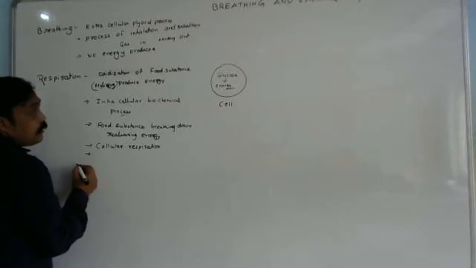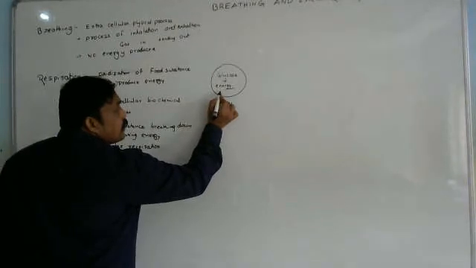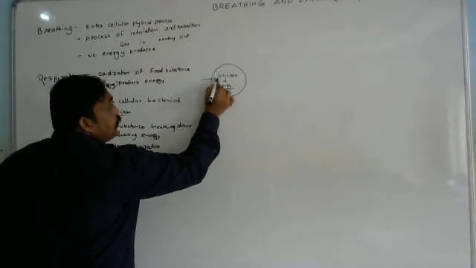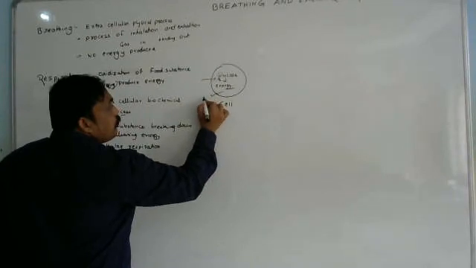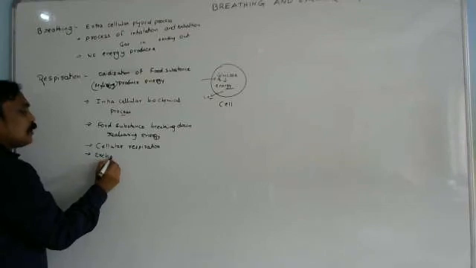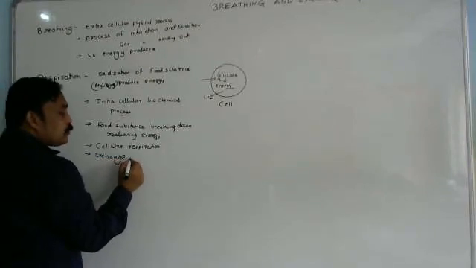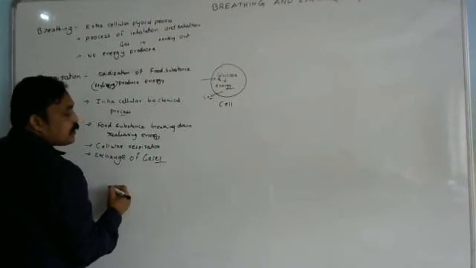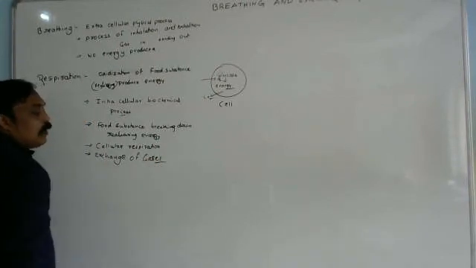Carbon dioxide is produced, oxygen enters, and carbon dioxide moves out. So exchange of gases also occurs at the cellular level.